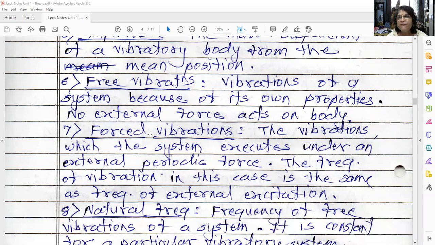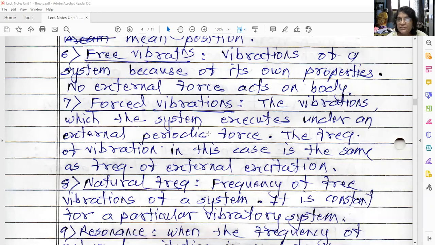Then the other is forced vibrations, the vibrations in which an external force is acting, and because of that external force only the vibrations are created. So this is known as a forced vibration. So the vibrations under an external excitation force or periodic force is known as a forced vibration.